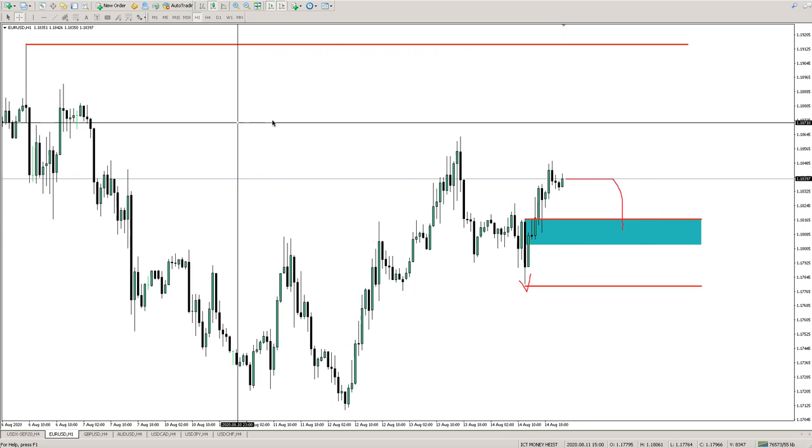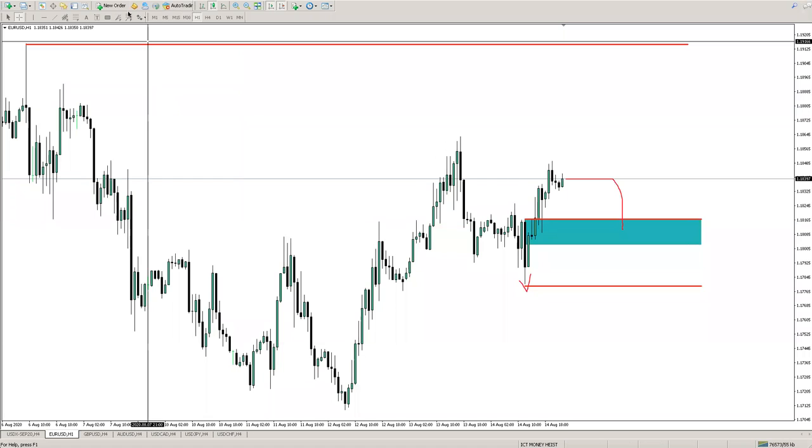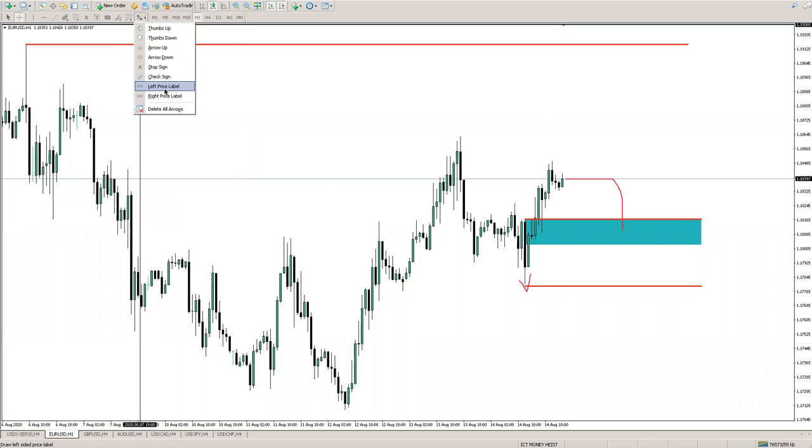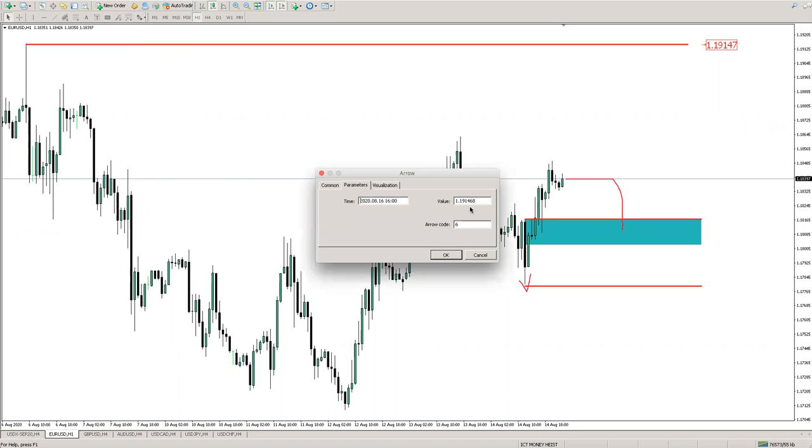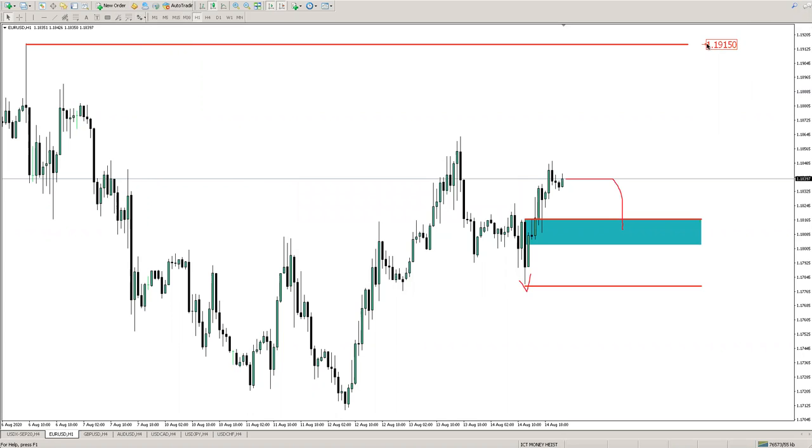And then our target will be, let's see here, our target should be 119.15. Right there, 119.15. So this is our target on Euro USD.